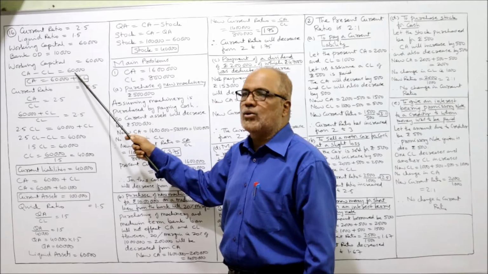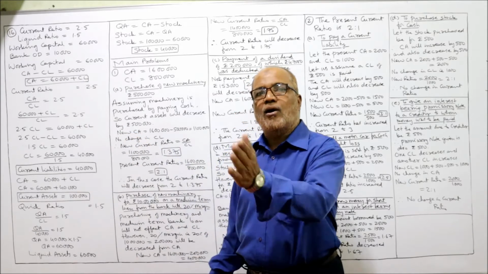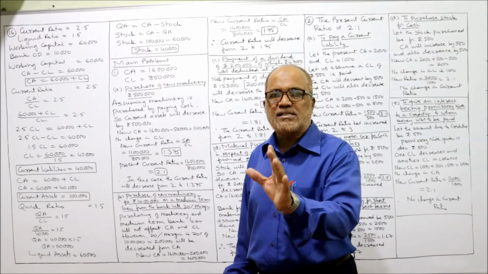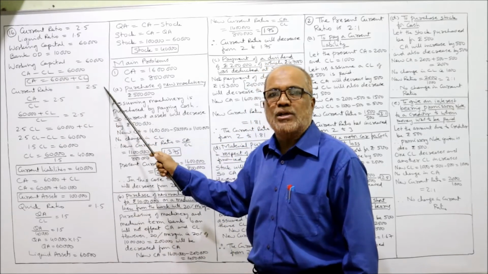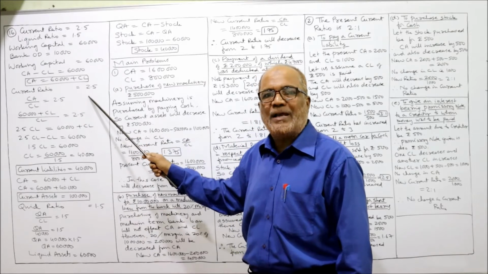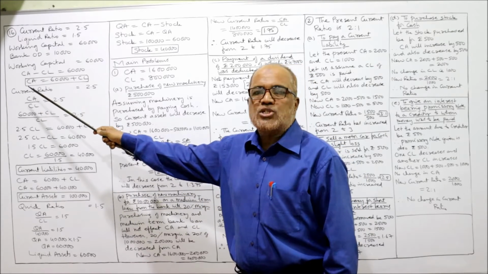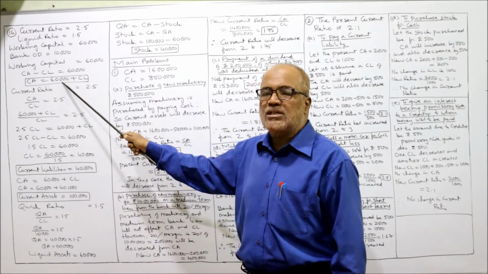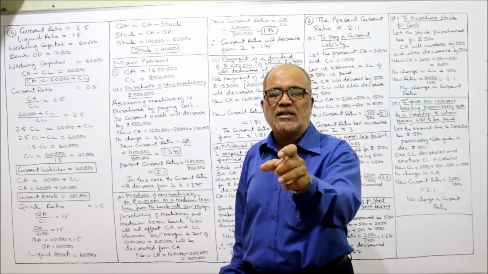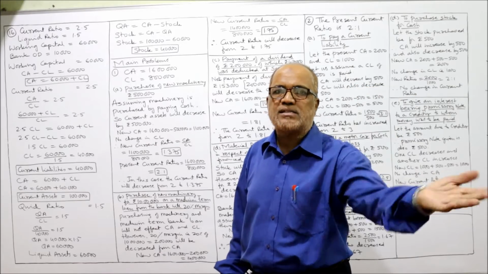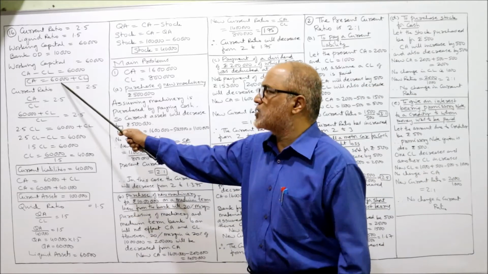CA minus CL is equal to 60,000. Keep CA on the left hand side and bring the CL to the right hand side. So minus CL will become plus CL. The equation will be CA is equal to 60,000 plus CL. One equation we got: current asset is equal to 60,000 plus current liability.